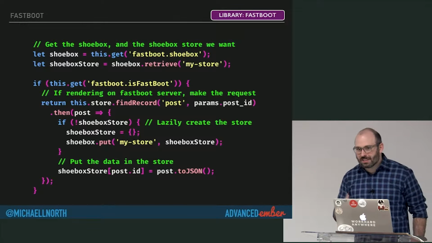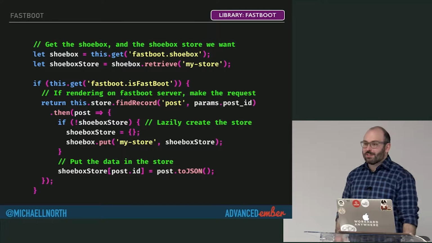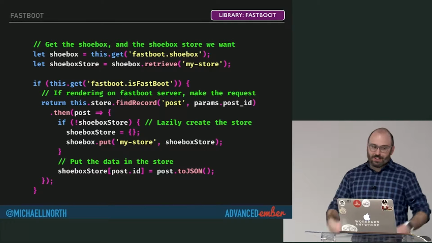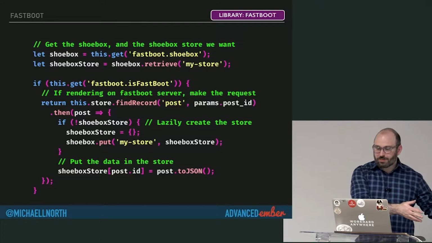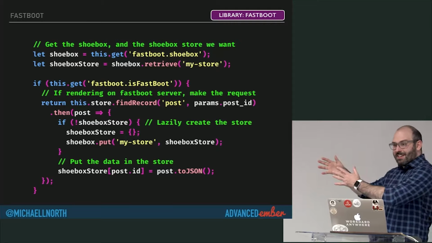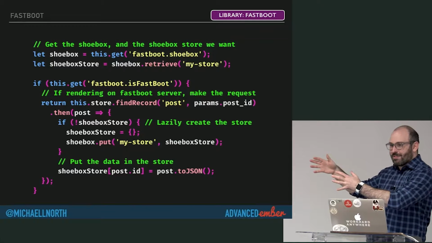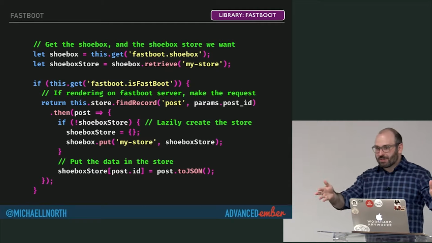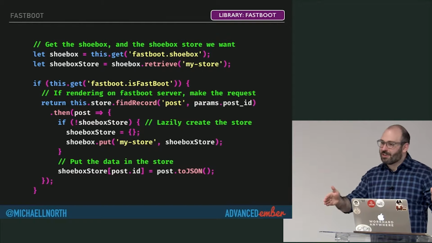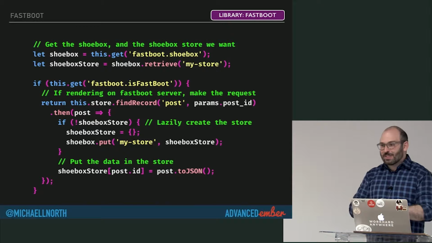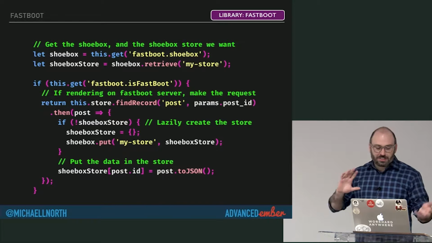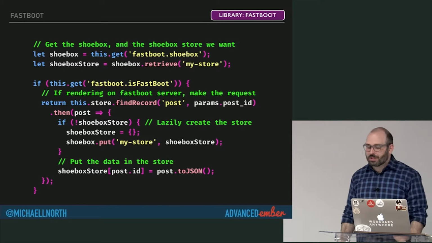Once you start explicitly using it, there are a lot of different situations you have to worry about. There's rendering on the server in Fastboot, rendering on the client having been served up via Fastboot, and then developing, which typically you don't do with server-side rendering, you just do client-side rendering, in which case the shoebox doesn't exist at all. So there is some switching around here.